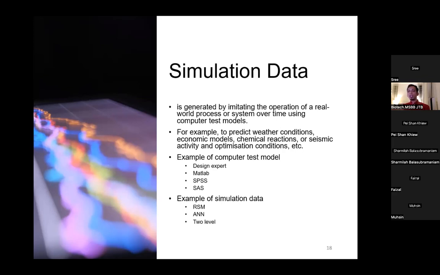Or artificial neural network, which can be very simple or very complex. AI also uses artificial neural networks to analyze data and predict results, right? Or two-level factorials and so on. So that's what we call simulation data, and how we analyze the simulation data.